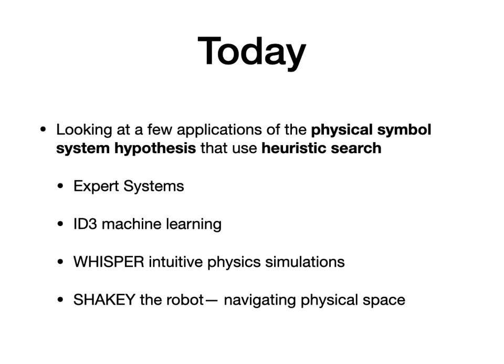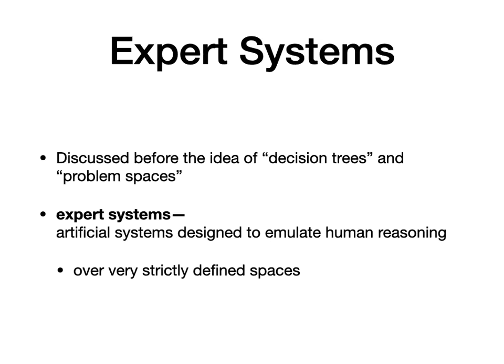We're going to talk about Whisper, which is actually a physics simulation involving a physical symbol system approach, and then Shaky the Robot, a physical instantiation of a logical system that interacts with the real world around it, a bona fide robot. So let's go.